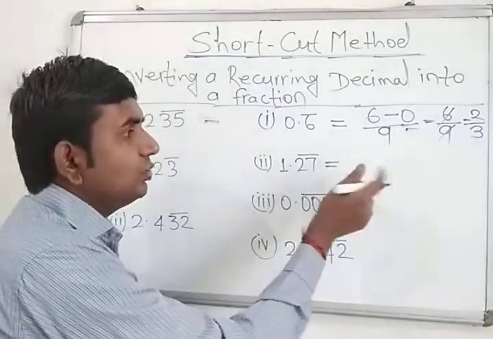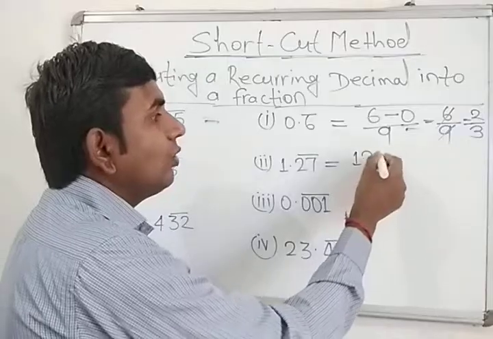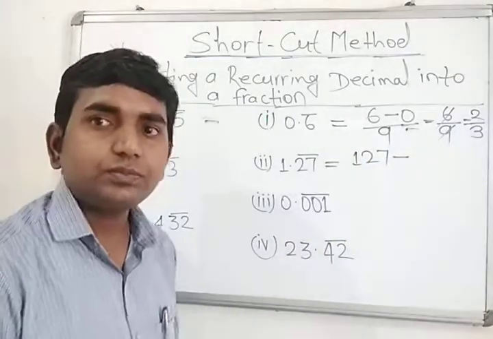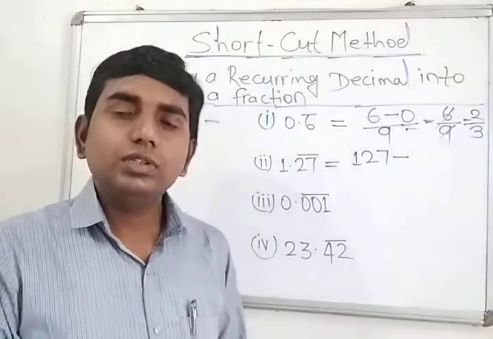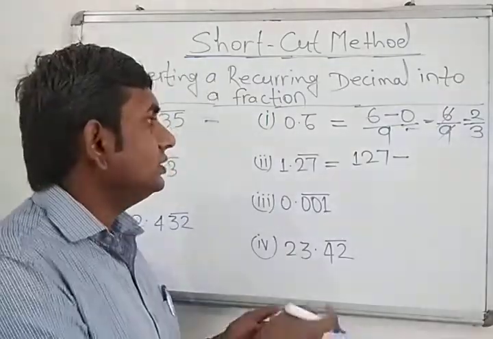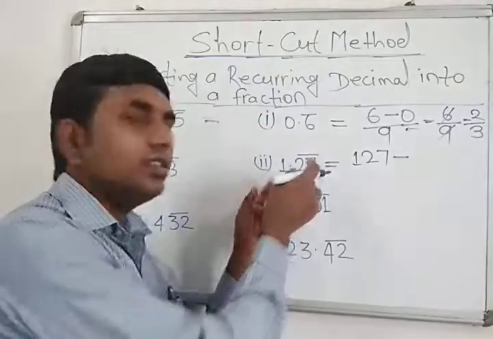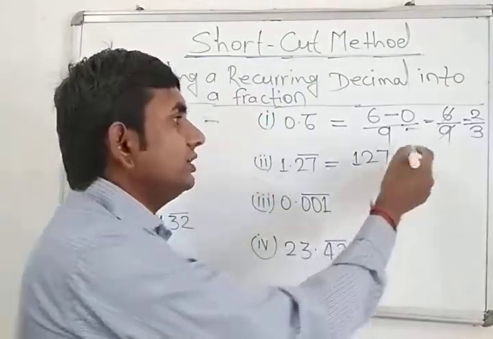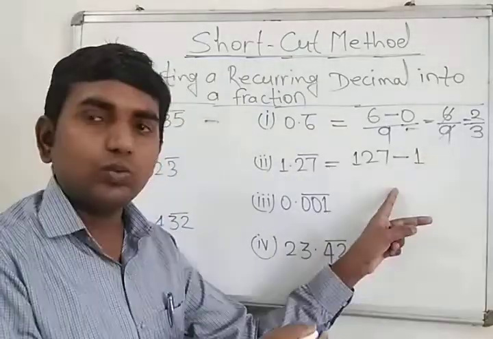Here we have 1, 2, 7, so we write 127. Now minus the non-recurring digits. Here we have only 1 as non-recurring, so we subtract this 1.